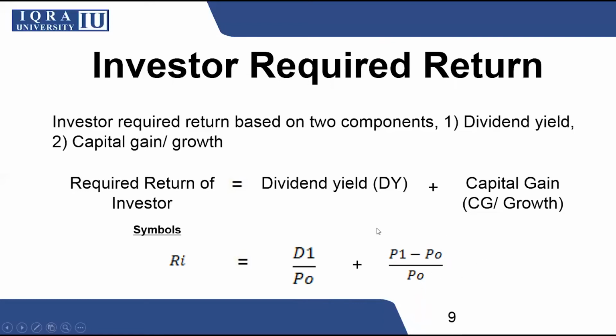So for the understanding of these symbols, the previous slides will play an important role. If we add these two returns, the dividend yield as well as capital gain, we get the total return which is required or expected by the investor.